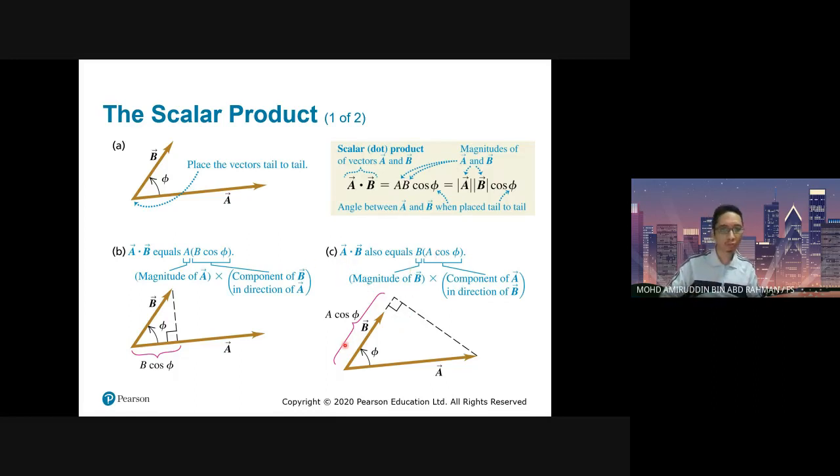For here, you multiply the magnitude of B times A cos phi. So those are the two ways on how you obtain AB cos phi for the scalar product.